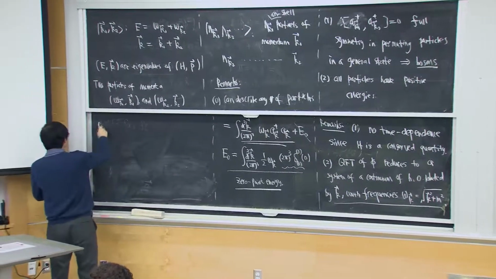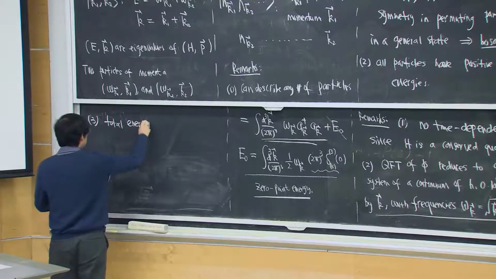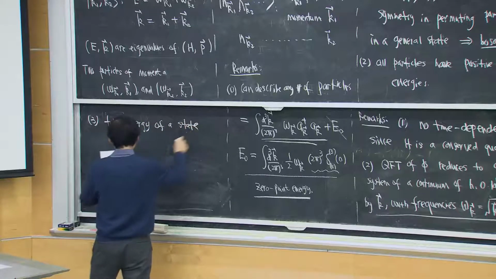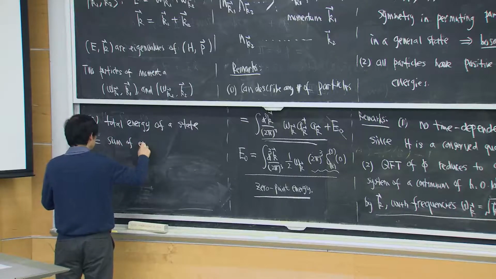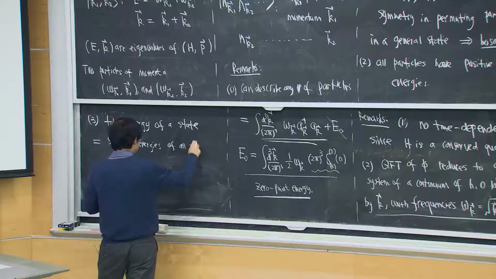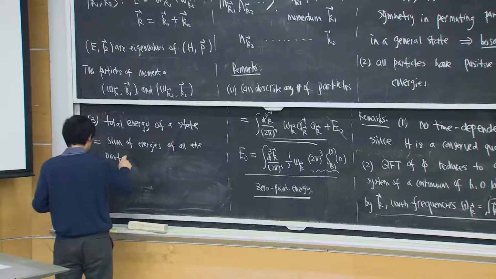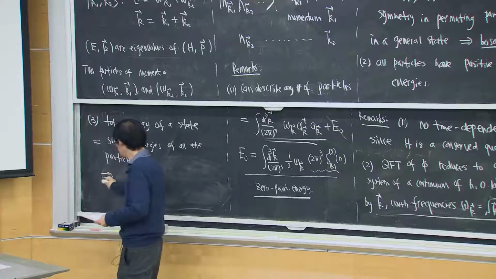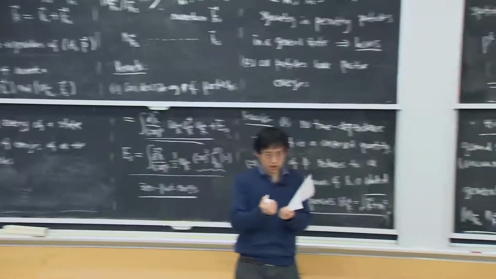Also, the total energy of a state is equal to the sum of energies of all the particles. So this tells you there's no interactions between them. Because if you have potential energies between particles, that will change their energy.